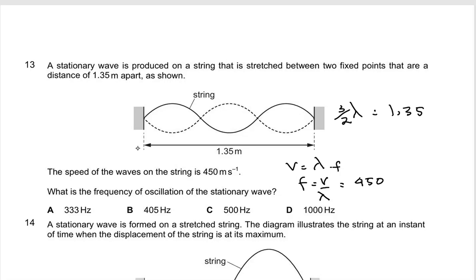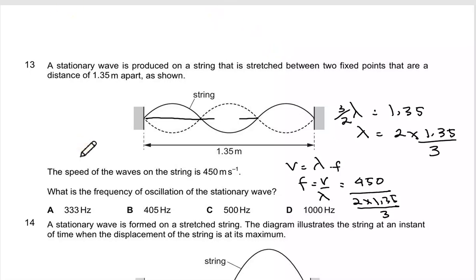So the length of one wavelength is equal to 2 times 1.35 divided by 3. Substitute here. Well, the answer is 500 hertz.